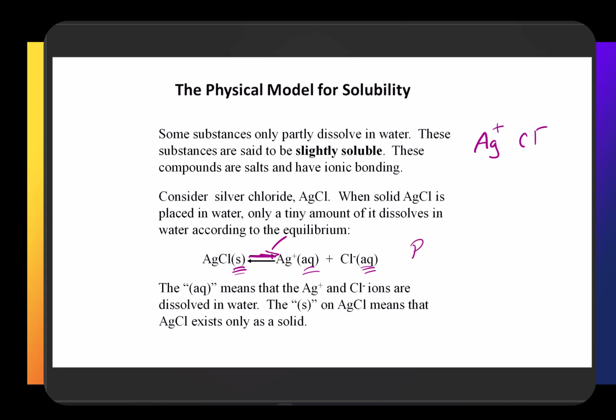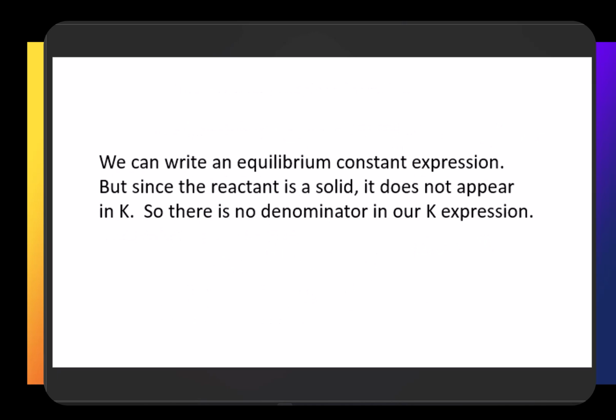The rate of the forward reaction equals the rate of the reverse reaction at equilibrium. Because we have an equilibrium, we can write an equilibrium constant expression. Remember that we don't include solids in a K expression, because why bother if that solid concentration is constant? Why bother measuring it and trying to use it in a calculation?